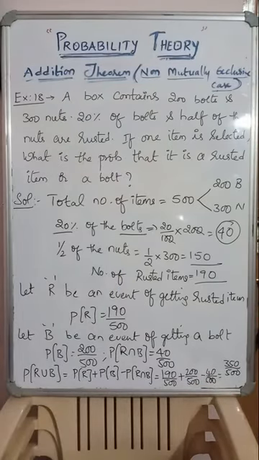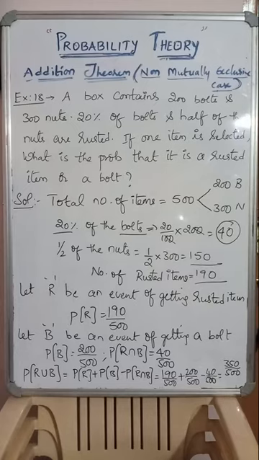Do you understand, guys? So look at the problem once again. A box contains 200 bolts and 300 nuts. 20% of the bolts and half of the nuts are rusted. If one item is selected, what is the probability that it is a rusted item or a bolt? So let us consider first the total number of items, the exhaustive number of items, 500: 200 bolts and 300 nuts.